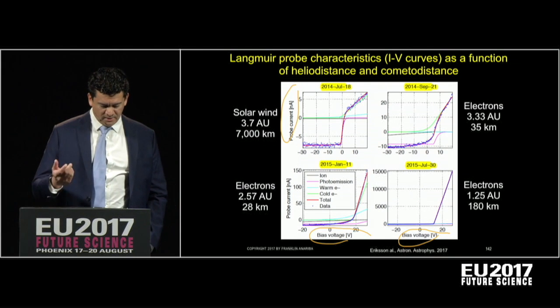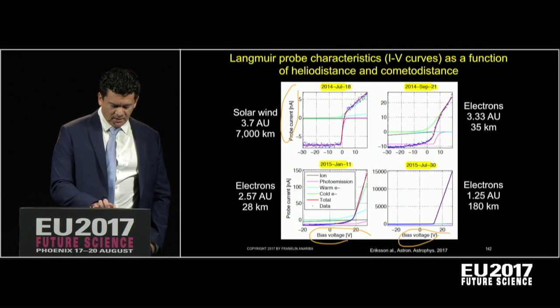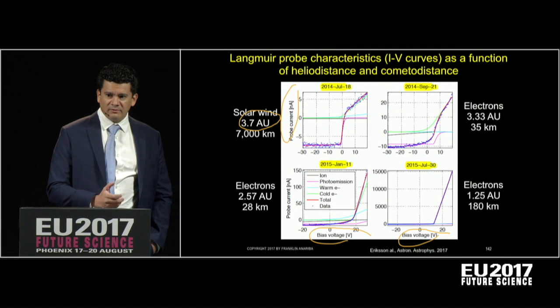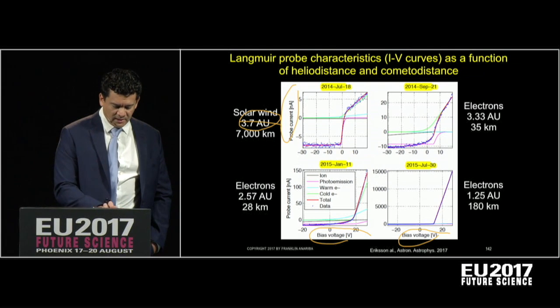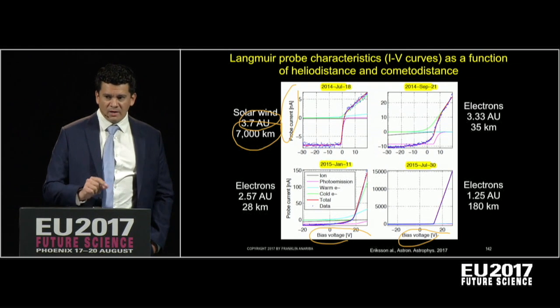Some of you might be familiar with it, and we see here as a function of heliocentric distance, basically how far away the comet was from the sun, and also as a function of cometocentric distance, how far the actual Rosetta probe was from the comet.